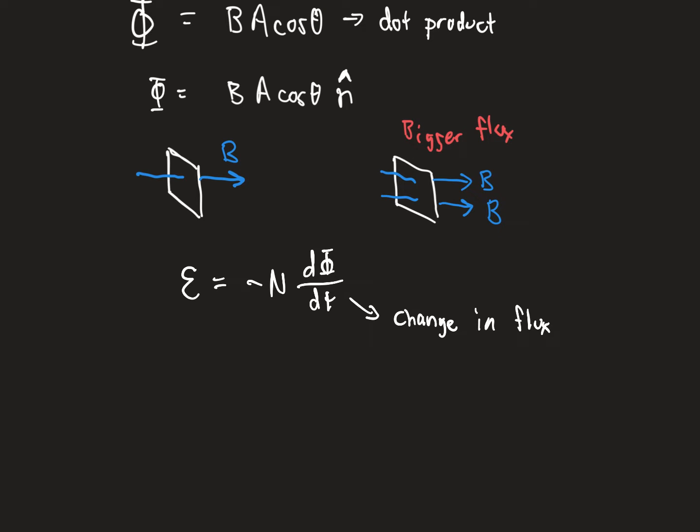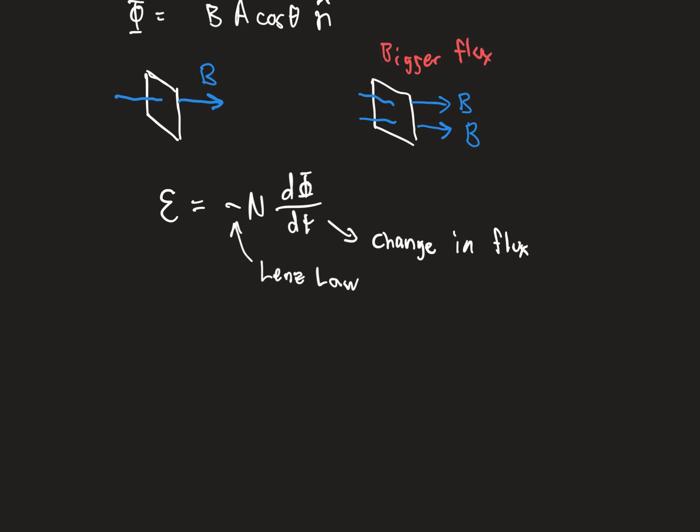N represents the number of wire loops that you have making that flux. And then the negative is Lenz's law. So this whole thing is the concept of induction. This is the craziest thing in all of electromagnetism, I think.